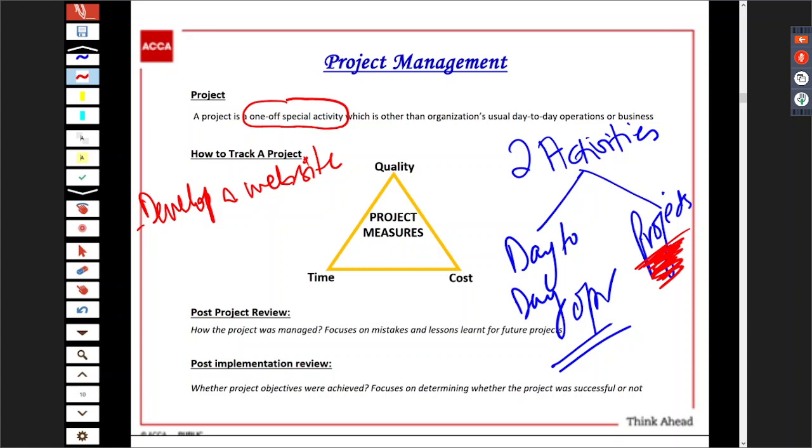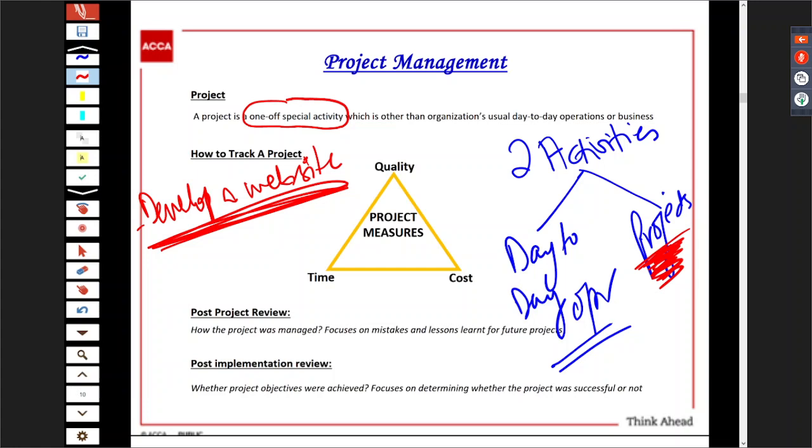Does developing a website sound like a one-off task, or will it be an operational task on and on for the next 20 years? What do you think? Yes, it's a one-off task. So anything which is one-off is a project.